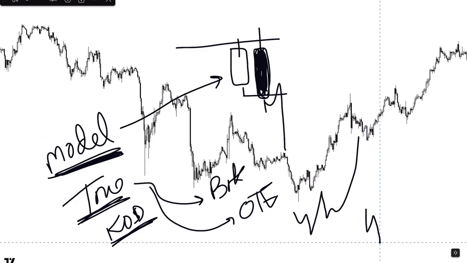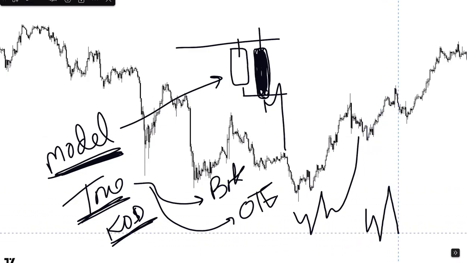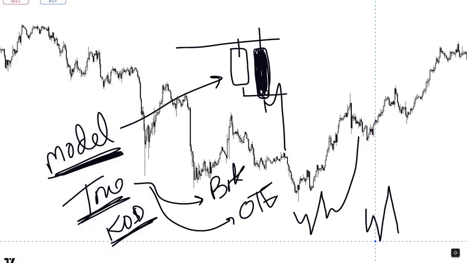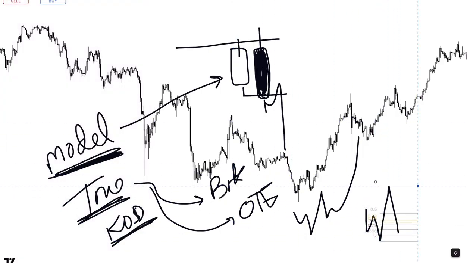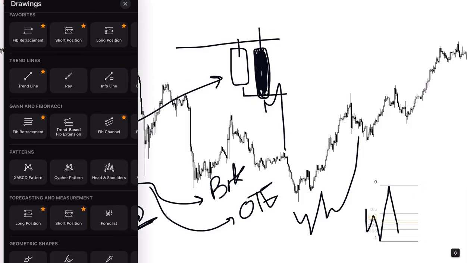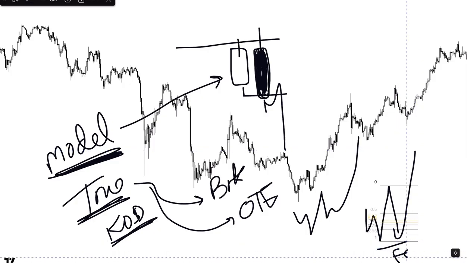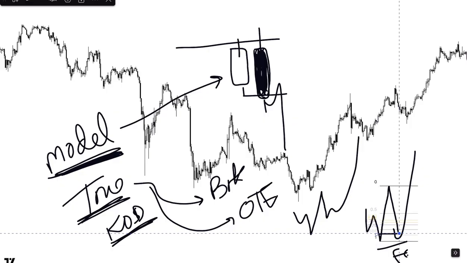Sometimes you have an OTE where it goes really deep all the way down to the 0.886 Fibonacci level, and then it rallies higher, right? So even deeper than that. In this case, it'll be a failure swing, usually going to a rejection block, right? So those are nuances of the OTE.